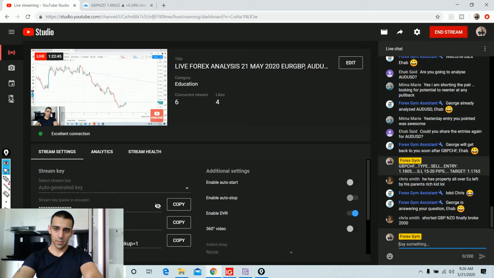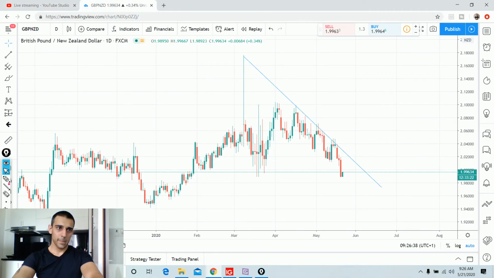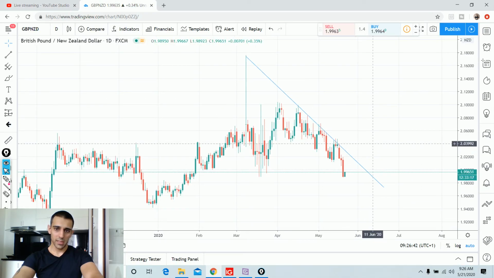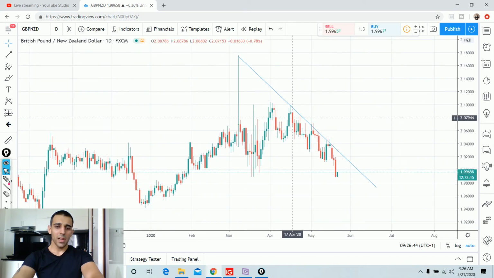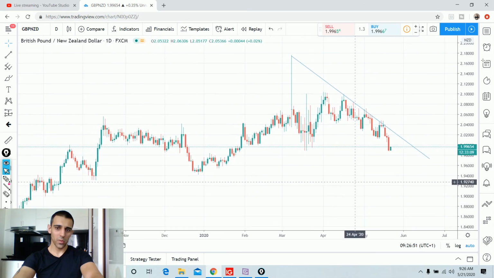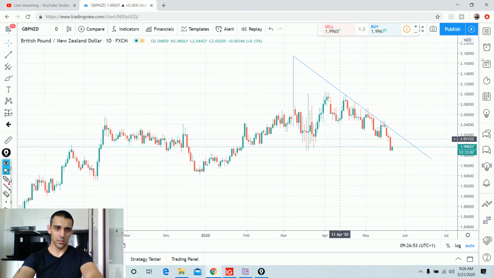It's a short. Oh yeah, all the pound pairs seem to be having more opportunities for trades. I actually do see a swing potential on this one as well, depending on how far it's going to retrace. Probably going to be tomorrow.